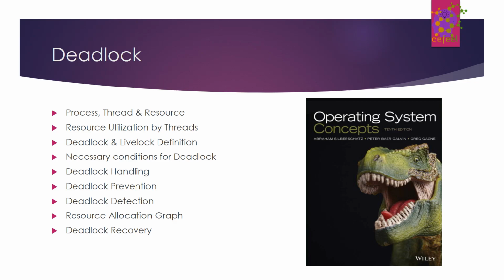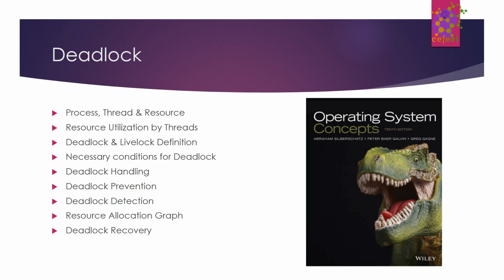So let's see what we are going to cover today. So first we will start with the basic introduction or definitions of process, thread and resource. We'll try to differentiate them, and we will understand these concepts from the context of computing, or what it means in a computer system.